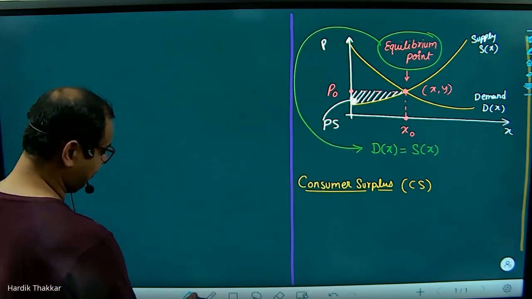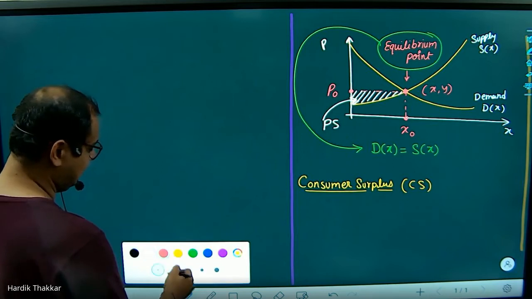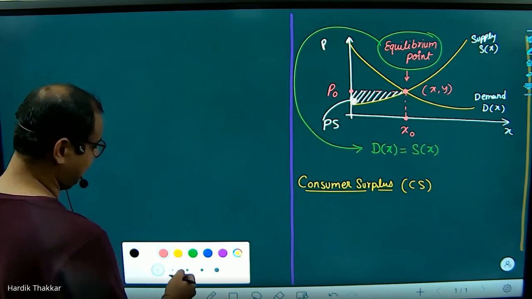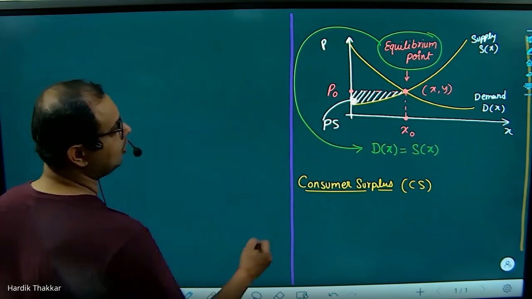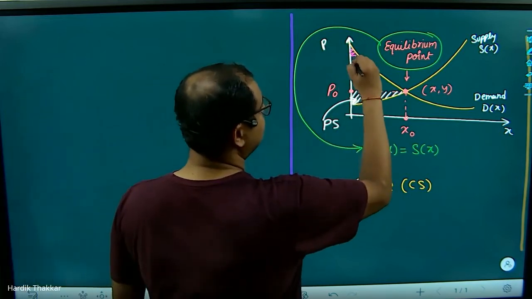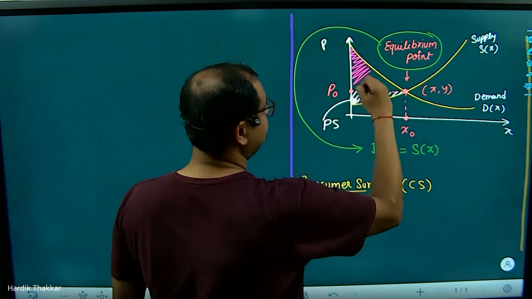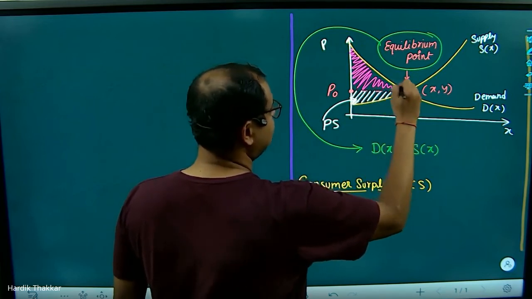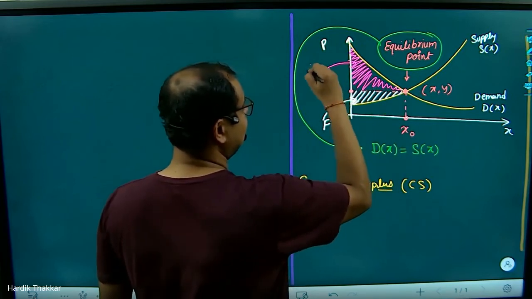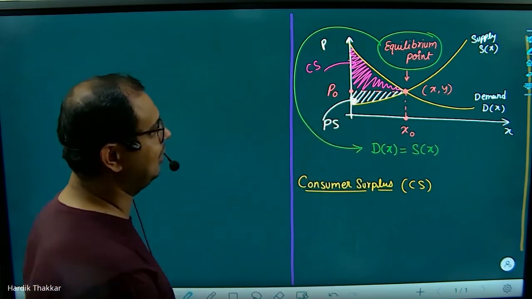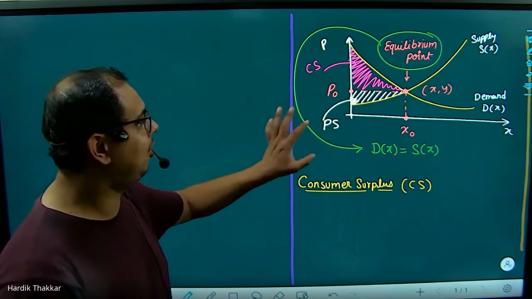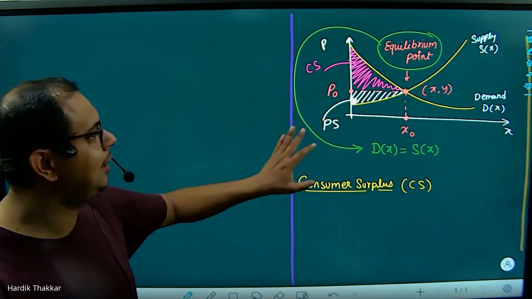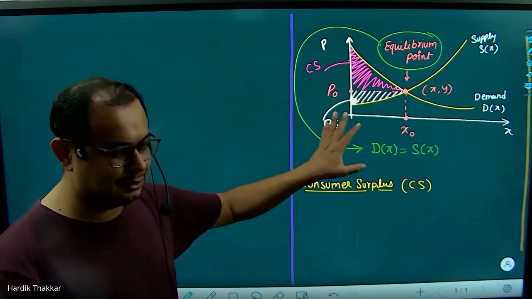Whereas the upper region, which I am shading right now, is CS, that is consumer surplus. So if we want to calculate this consumer surplus or producer surplus, then we have to calculate these areas.